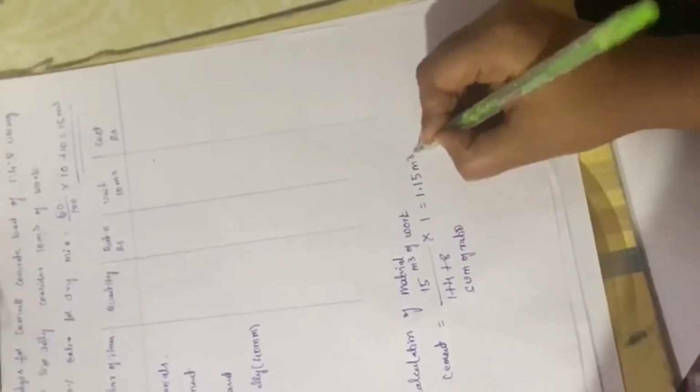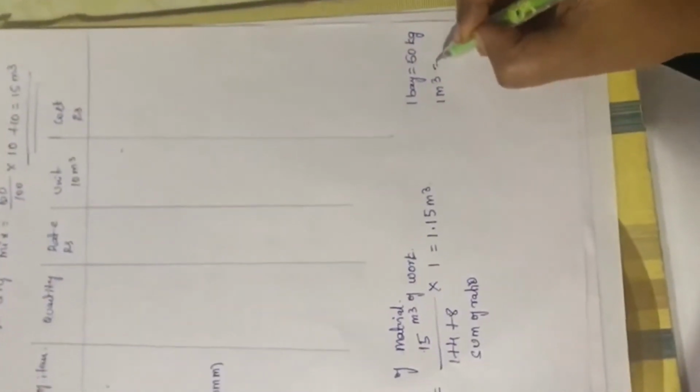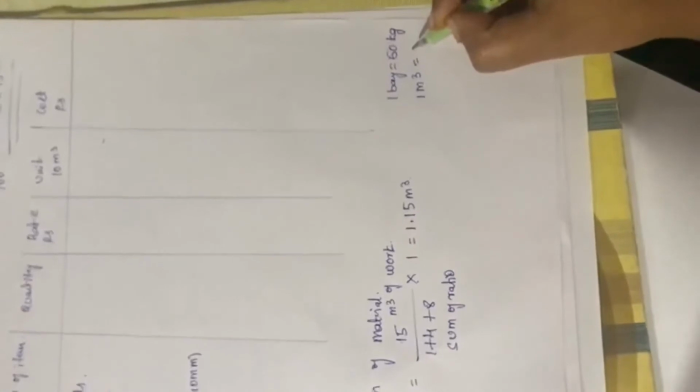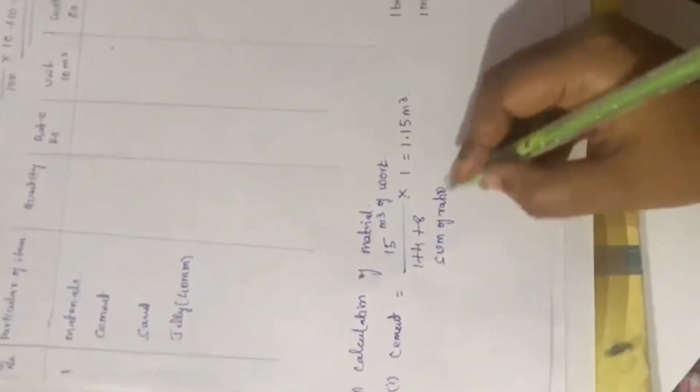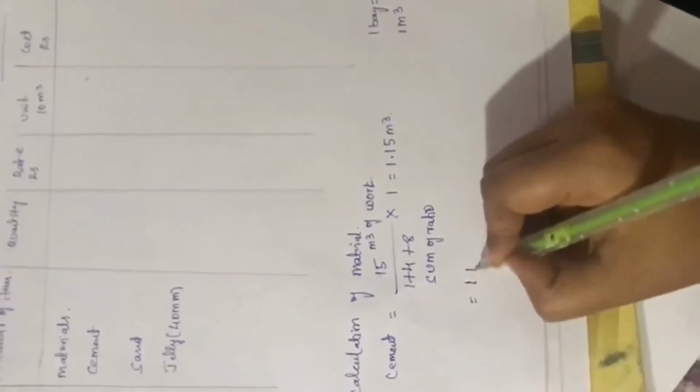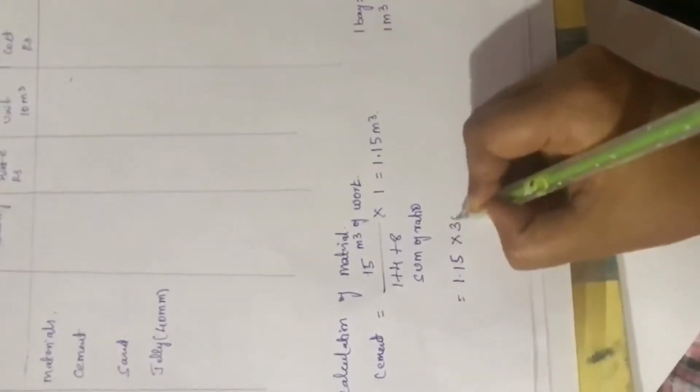As we know, 1 bag of cement carries 50 kg of cement, and 1 meter cube requires 30 bags of cement. So here 1.15 into 30 will give approximately 34.5 bags of cement. Next, like that, we have to calculate for the next.